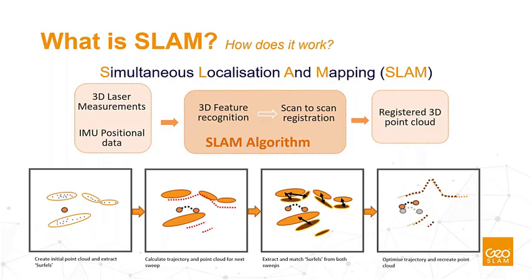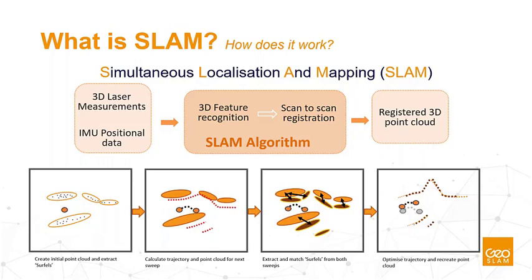So the diagram below shows what that looks like. We initialize the scanner at its initial point, it's collecting that point cloud data and extracting surfaces. As we move through the space, it calculates our trajectory roughly with the IMU positional data, but that's prone to drift. So we run it through our SLAM algorithm and use that point cloud and the features from a second to second or instant to instant basis continuously to match those features together from one instant to the next.